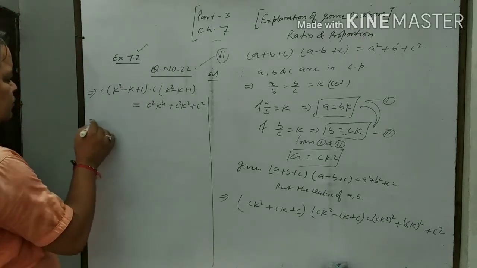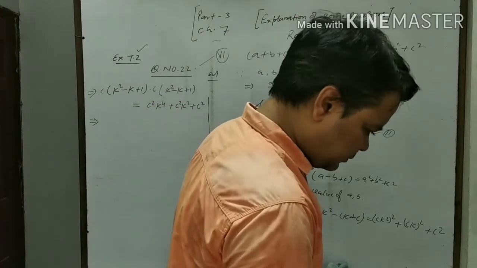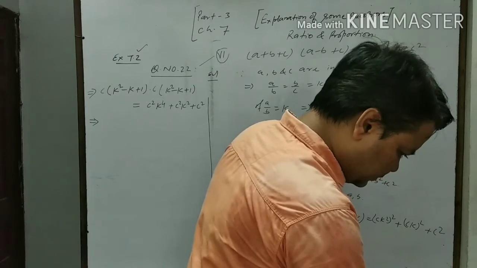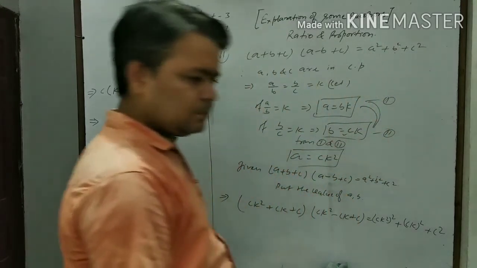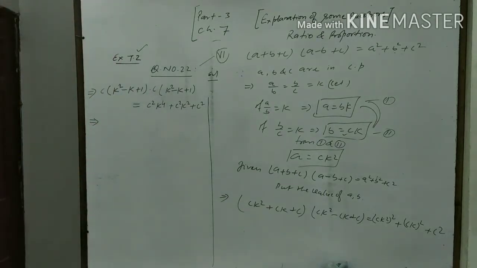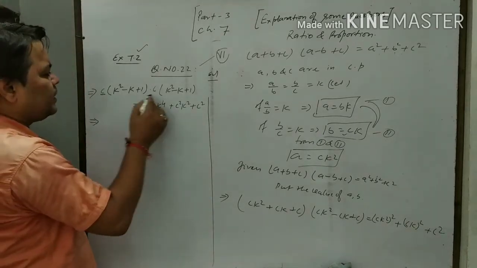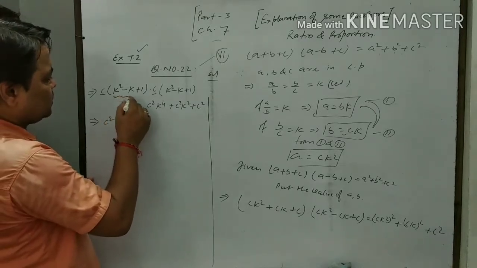Okay, now what should we write here? Then here C and C will be C square. Now you should concentrate here.